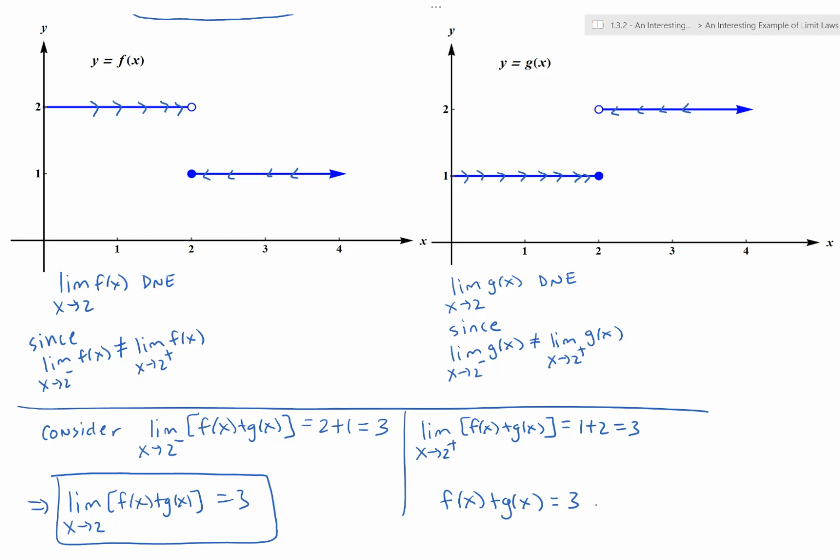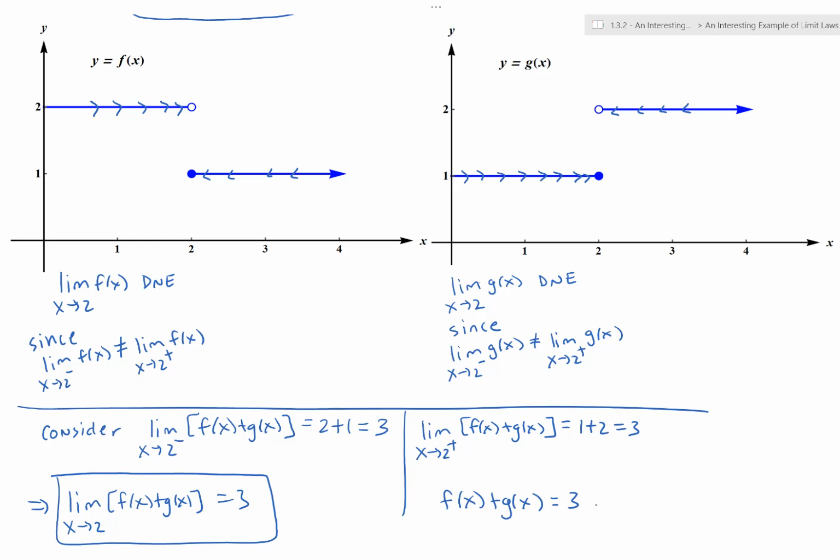It's just a short example to understand, first of all, that if you don't have the individual limits existing in the first place, you can't use the limit laws, okay? But even if individual limits don't exist and we combine the functions in a certain way, it is possible that the limit could exist of whatever the math operation is associated with the combination of the functions.